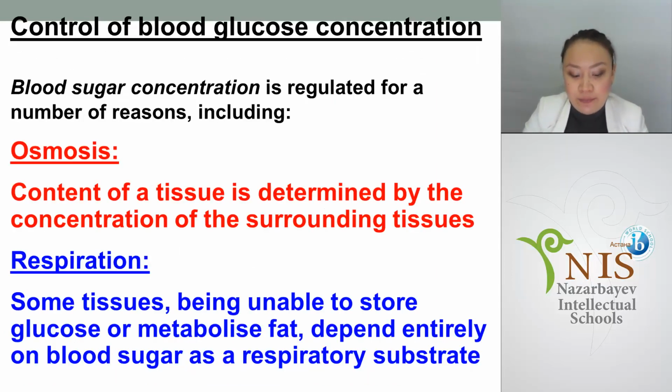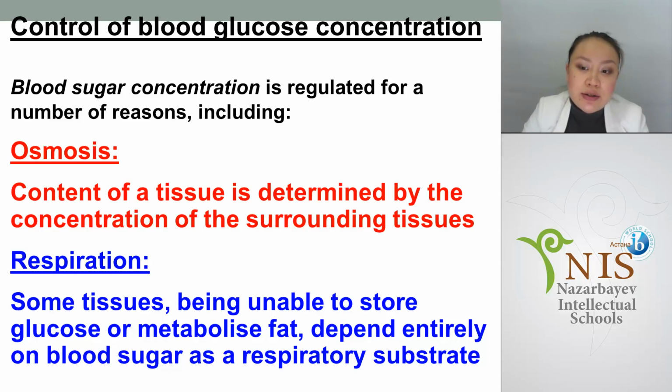For example, how insulin works. For example, glucose concentration level. There are two hormones which could keep it at a constant level, insulin and glucagon. Control of blood glucose concentration.